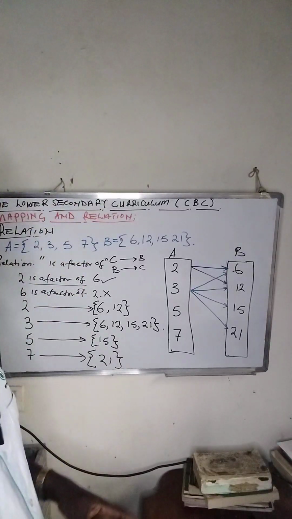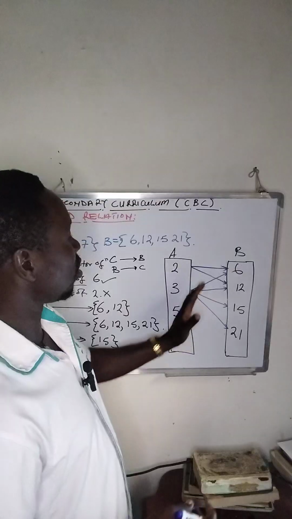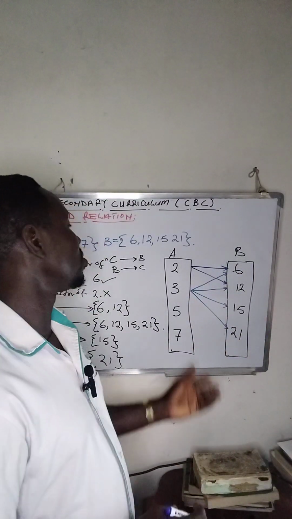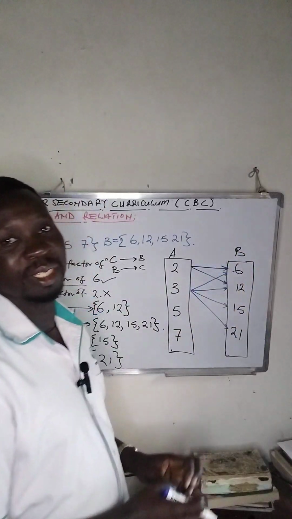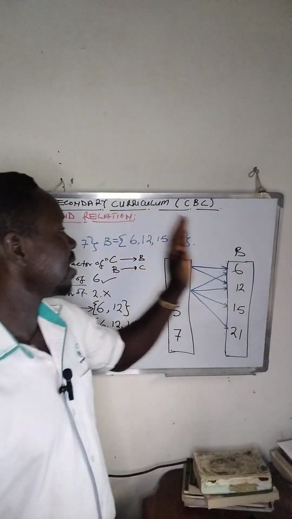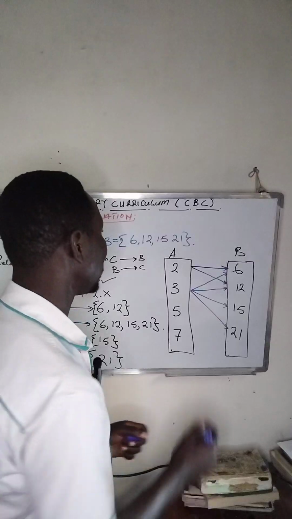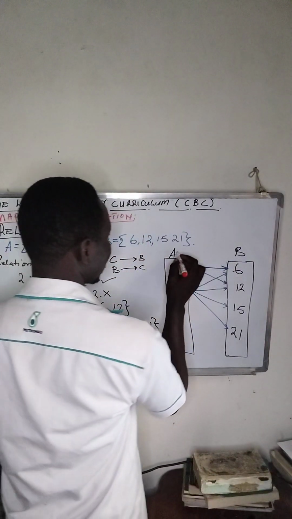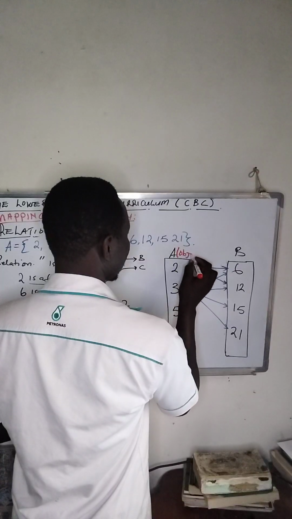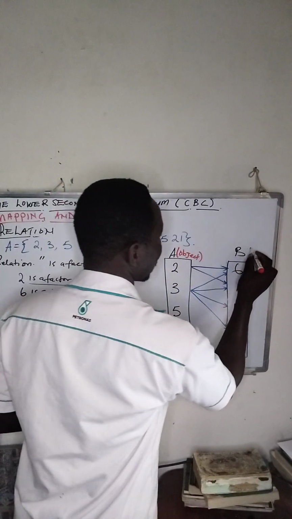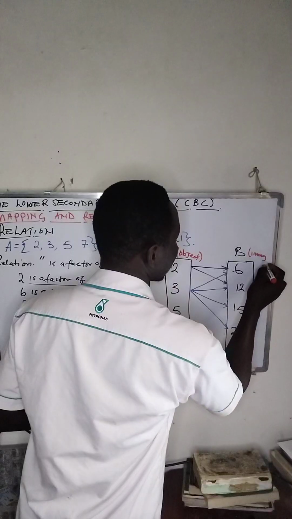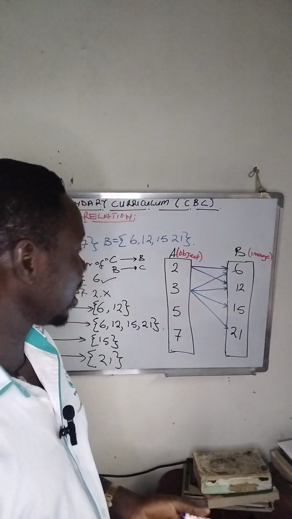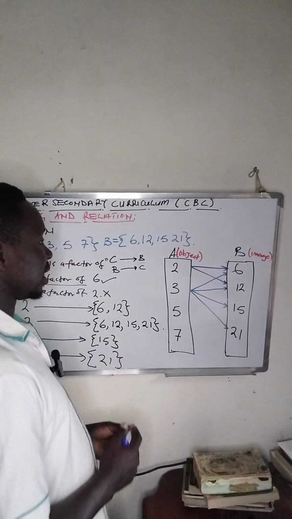It means 3 is mapped onto different numbers, or onto all members within the other set. Remember, now here, this one is the object, and this one is the image. Are we together?